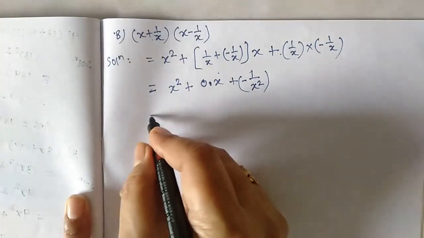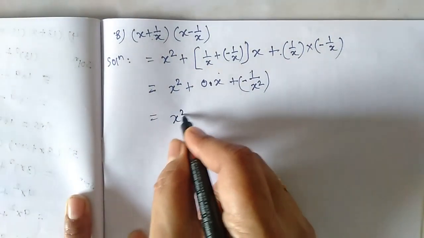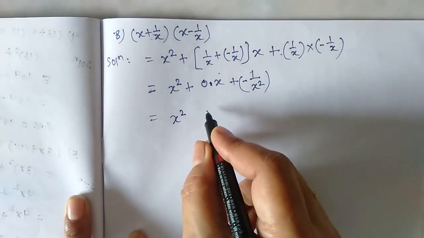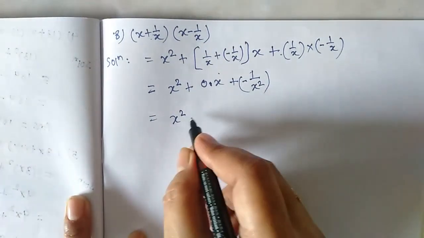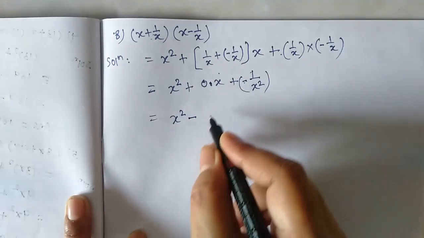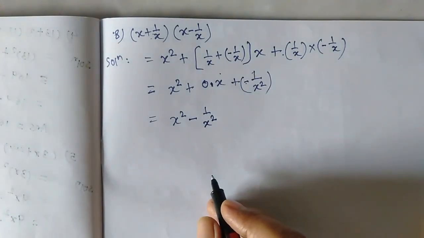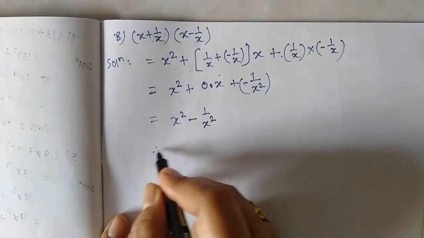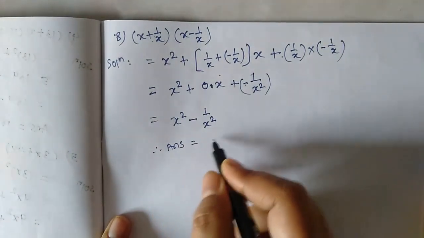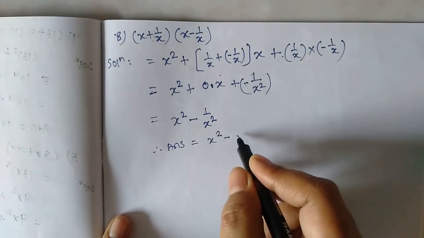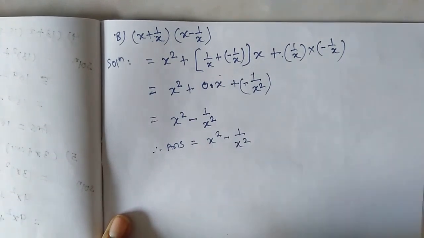Correct? So answer line x square, 0 into x is 0, so no need to write it down. So take the minus sign, 1 upon x square. Therefore answer is equal to x square minus 1 upon x square.